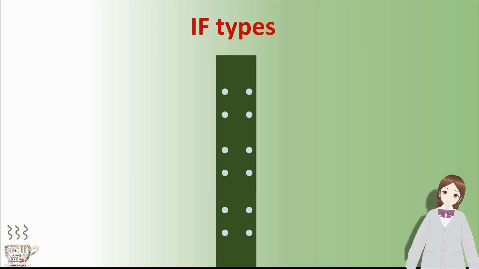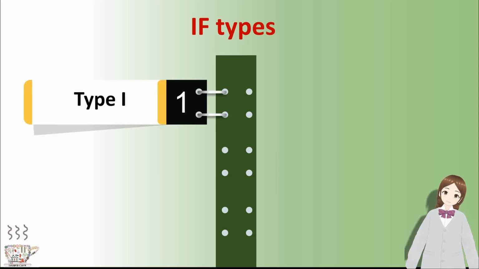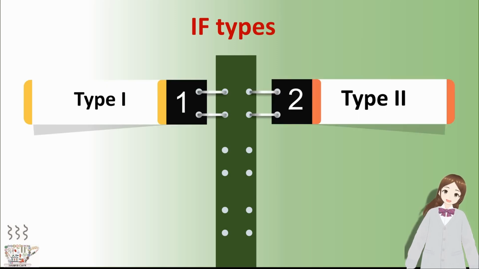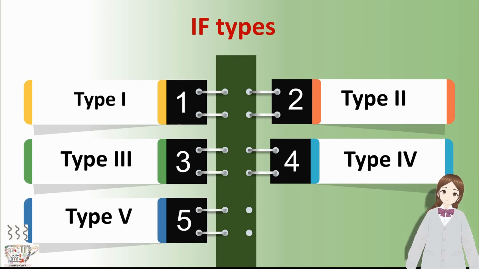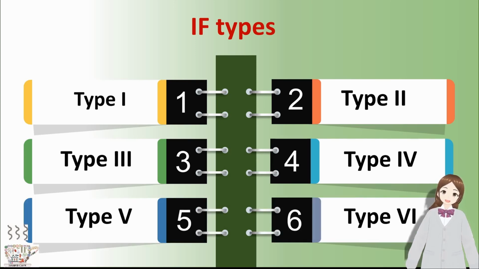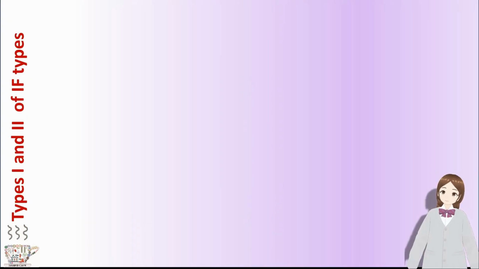Intermediate filaments can be divided into 6 types: Type 1, Type 2, Type 3, Type 4, Type 5, and Type 6. Types 1 and 2 of intermediate filament types.